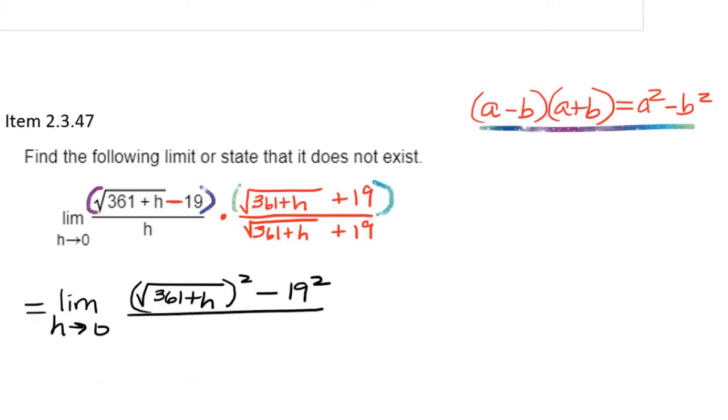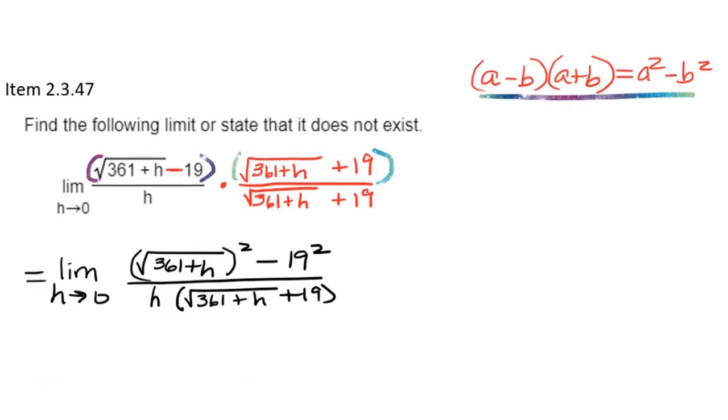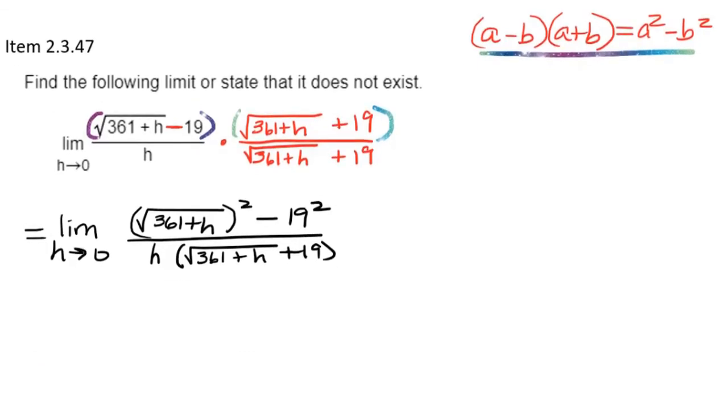All of this is going to be over h times the square root of 361 plus h plus 19. It's usually best to just leave that factored out like that. Don't distribute it through, because what we're hoping is that this h cancels out at some point.